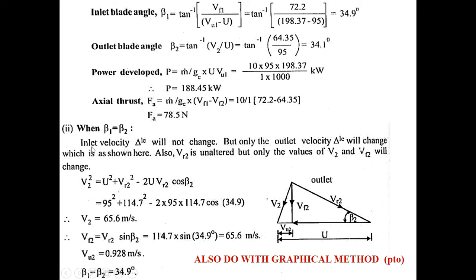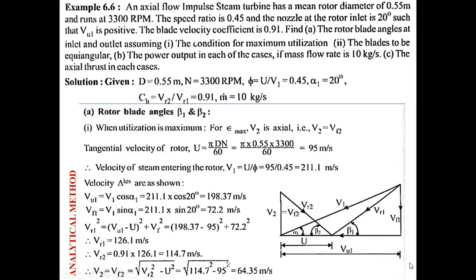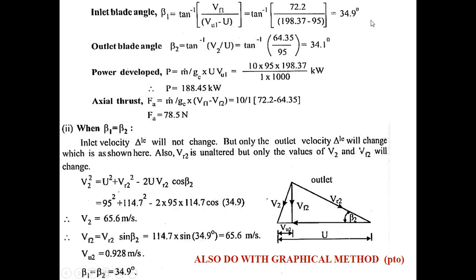Next case, you see, if beta 1 equals beta 2, how does the velocity triangle change? In that case, what have they done? Once they found beta 1 in this case, what is beta 1? 34.9. The same angle they have taken for beta 2 also, 34.9, assuming that VR1 and VR2 are different but the angles are same.